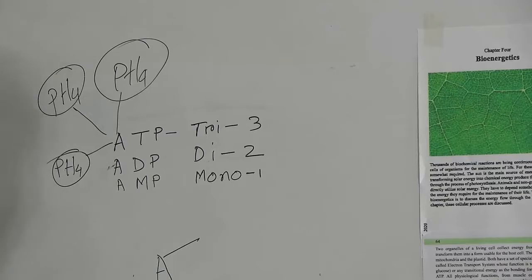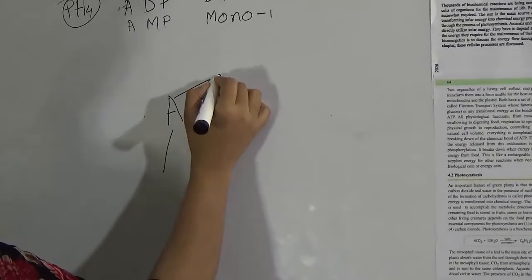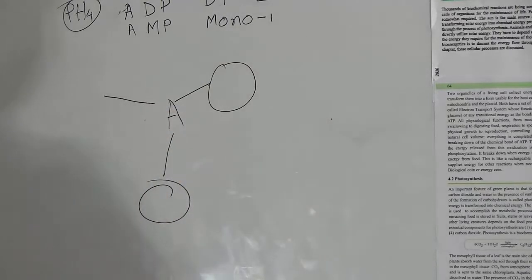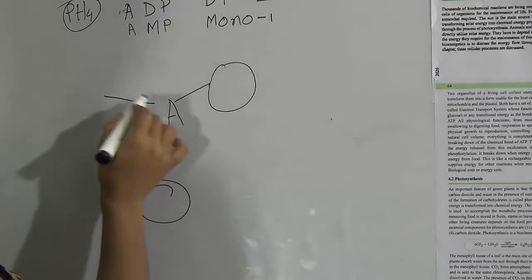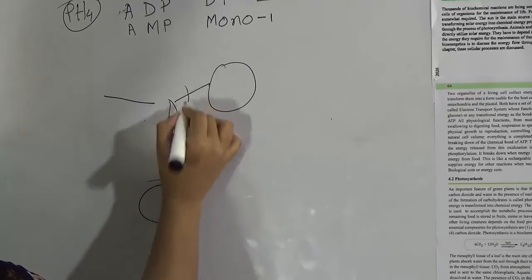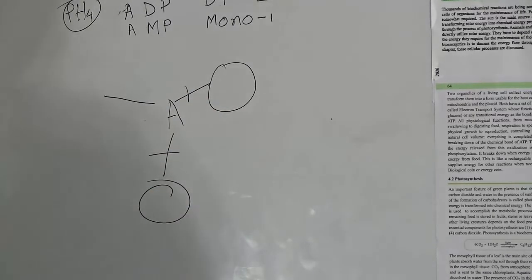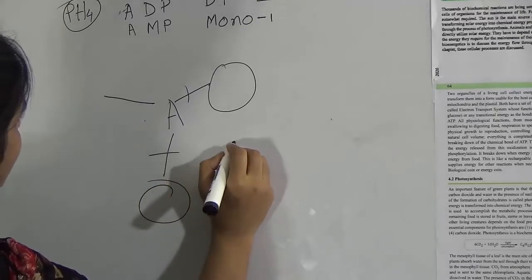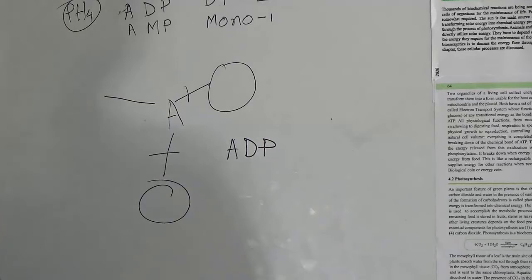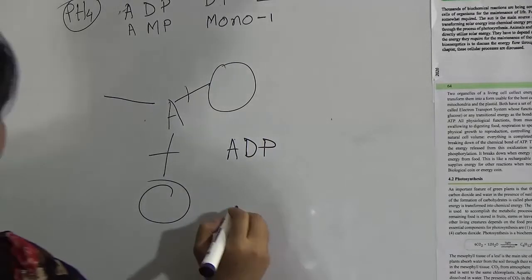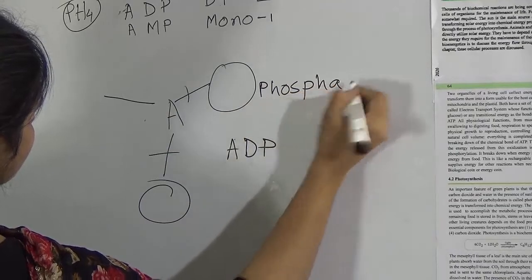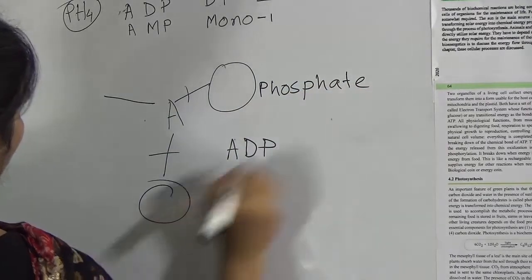In ADP there are 2 phosphate radicals. If we think it has 3 hands, one hand is empty, and only 2 hands are filled, that's why it is diphosphate. It is ADP. And this is the phosphate group, the phosphate radical.